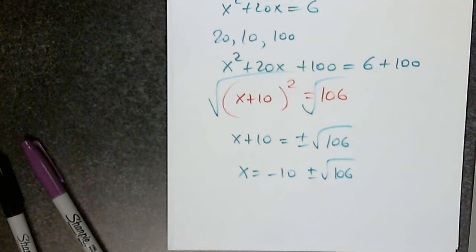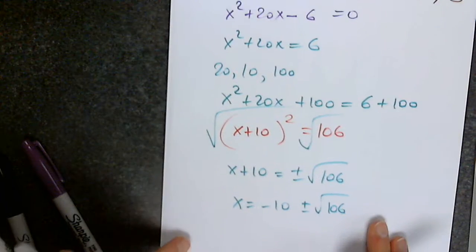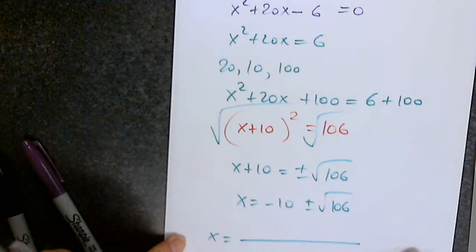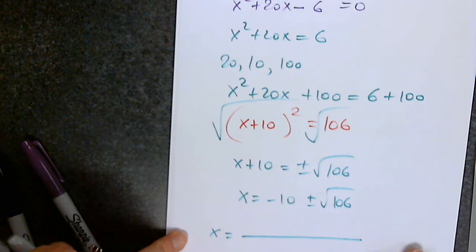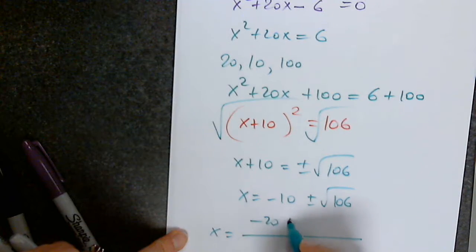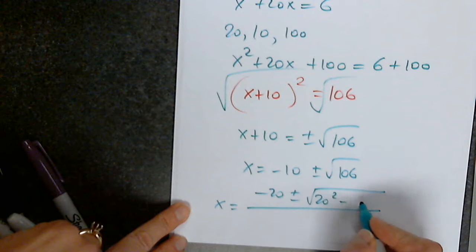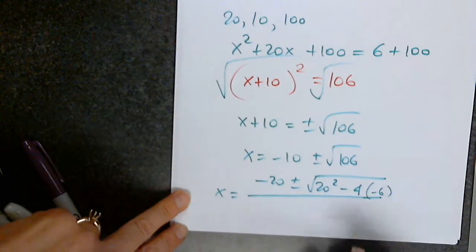Very good. Do we need to practice the quadratic formula? Okay, so let's work on the same problem with the quadratic formula. X equals negative b plus or minus the square root of b squared minus 4 times a times c, divided by 2a.